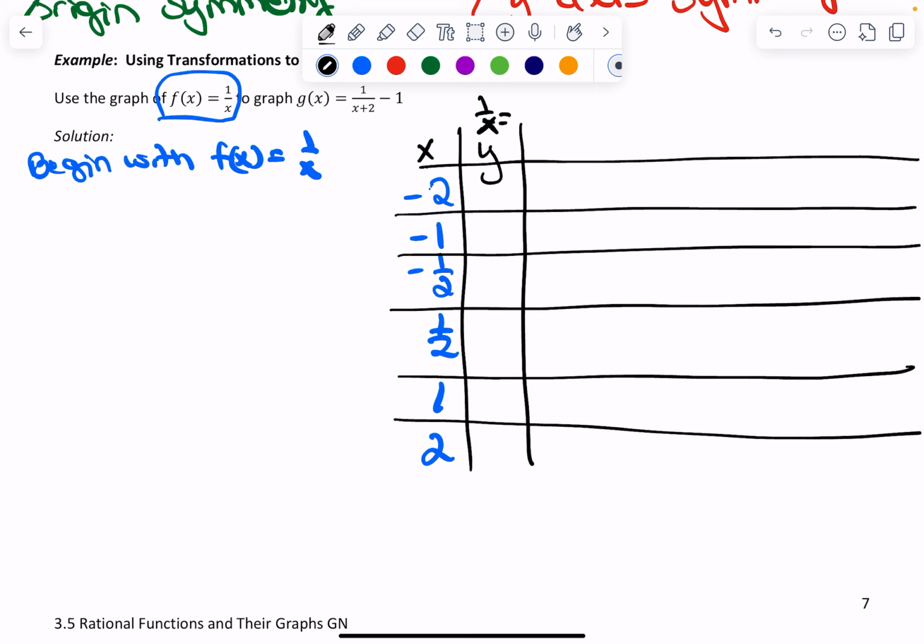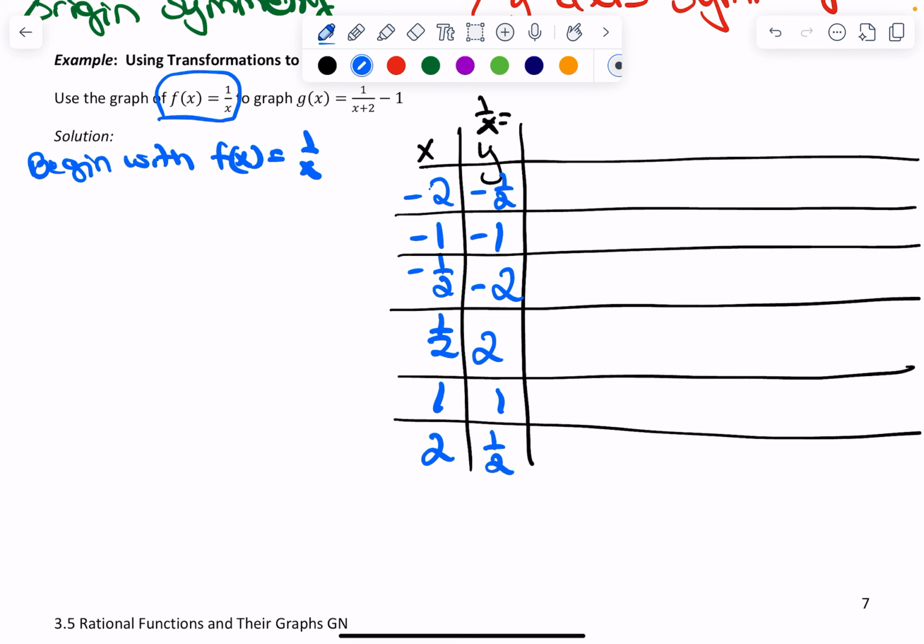So 1 over x is going to be negative 1 over 2 for negative 2. 1 over negative 1 is negative 1. 1 divided by negative half, we're flipping it, so it becomes negative 2. The same thing with the half is going to be 2. It's the reciprocal since we're dividing 1 by it. 1 divided by 1 is 1, and 1 divided by 2 is a half.